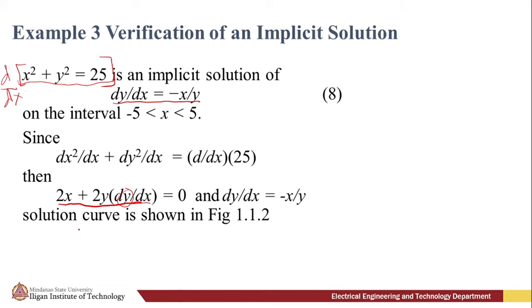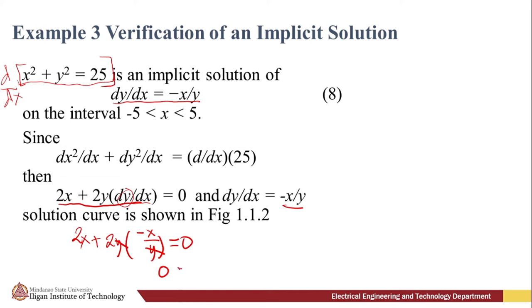So substituting the negative x over y, we have 2x plus 2y times negative x over y equals 0. Simplifying, the y cancels. We have 2x plus 2 times negative x, so we have 2x minus 2x.